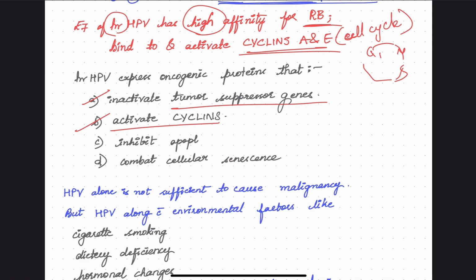They inhibit apoptosis, which means damaged cells do not die; they remain as such and survive. And they combat cellular senescence. They are resistant to cellular senescence. Cells do not remain silent, they become aggressive.